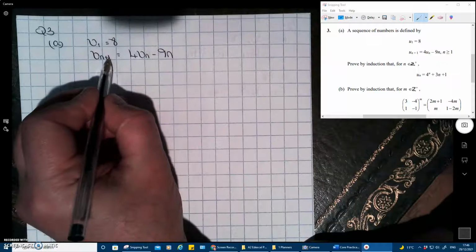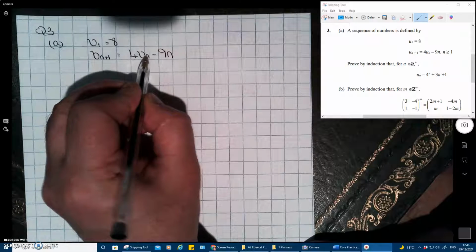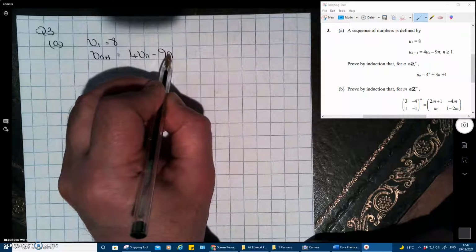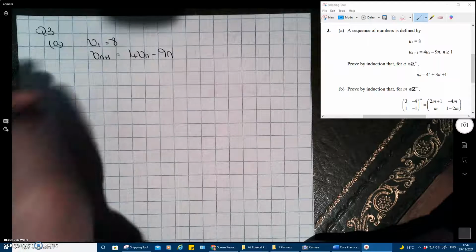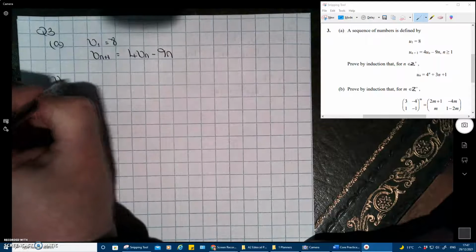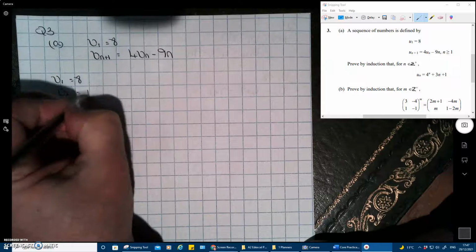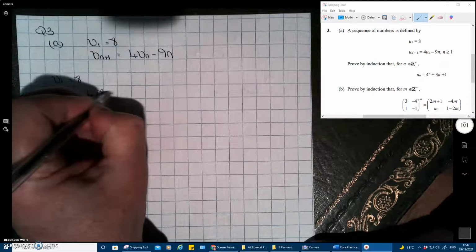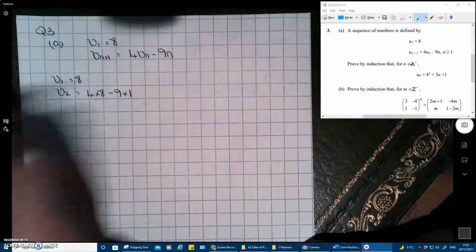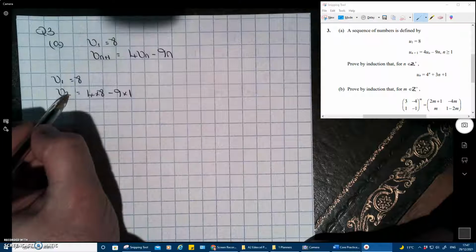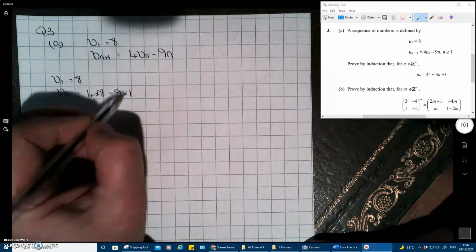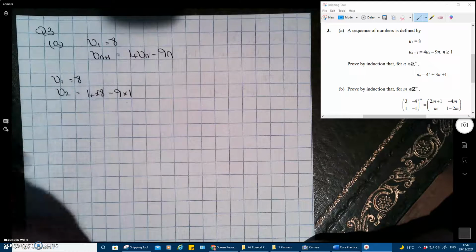So to get the next term, we do 4 times the previous term, take away 9 times the number of the previous term. So it doesn't ask us to do this. So for example, u1 is 8. u2 is 4 times 8, take away 9 times 1. Because remember, this is n plus 1, this is n. So n is 1, so u1, 9 times 1.